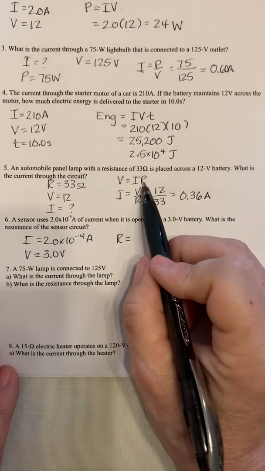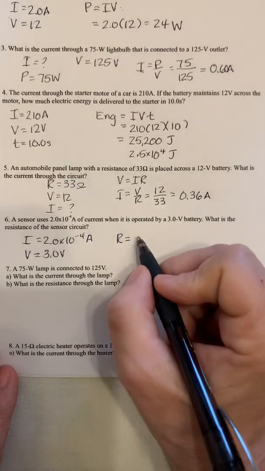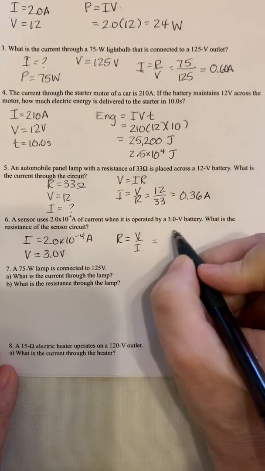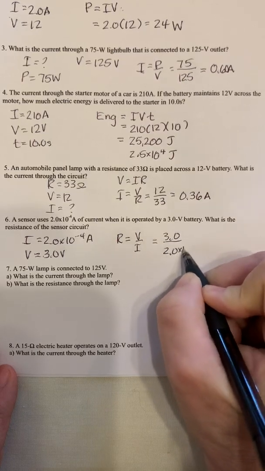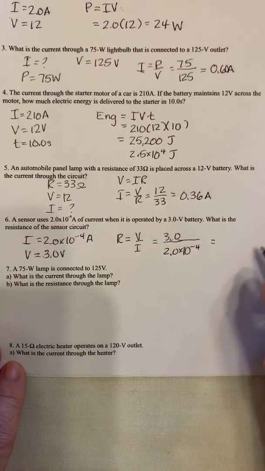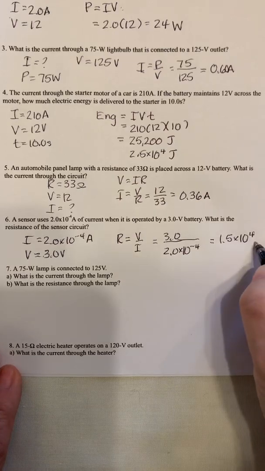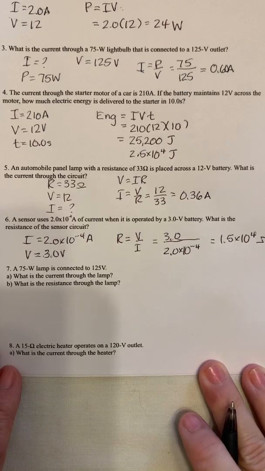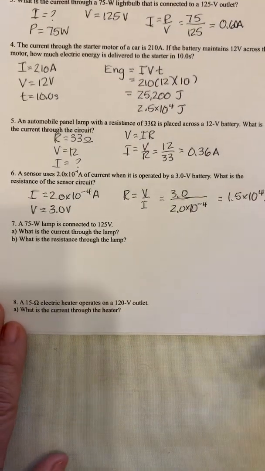Okay, now when I'm solving for R, if I look back up here, I have to divide both sides by I. So R is equal to V over I. 3.0 divided by 2.0 times 10 to the negative 4th. And that is going to be 1.5 times 10 to the positive 4th. And that is ohms. That's a very high resistance.